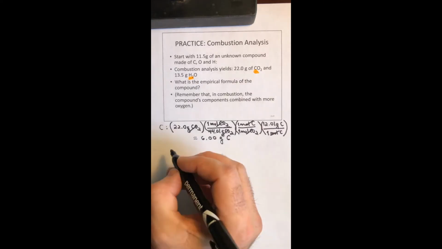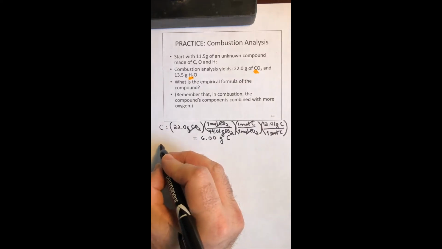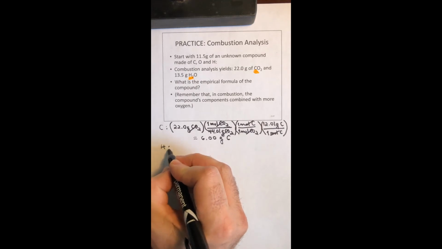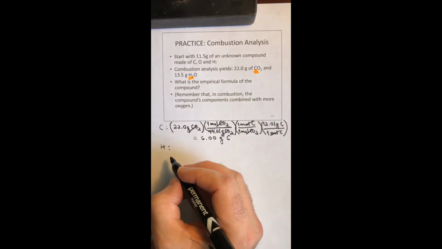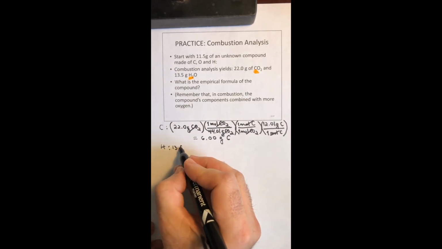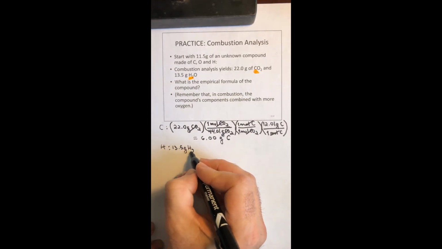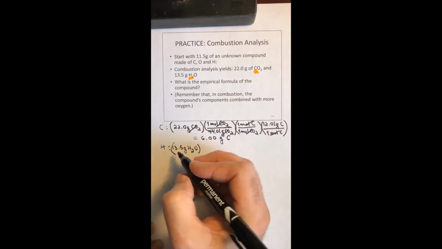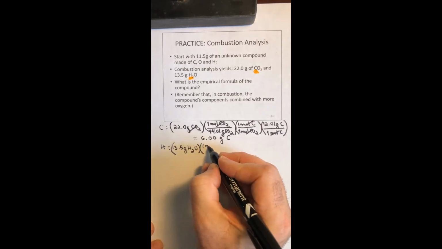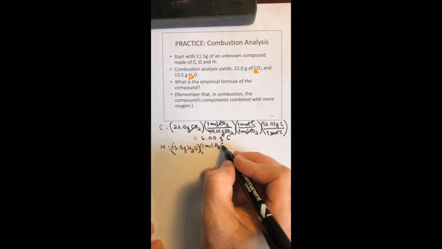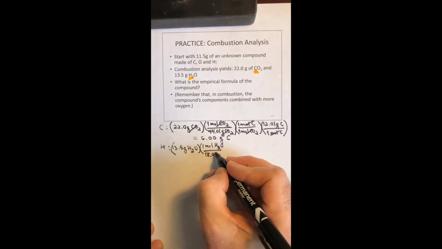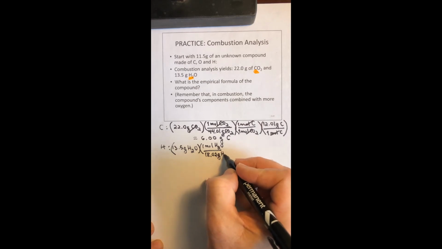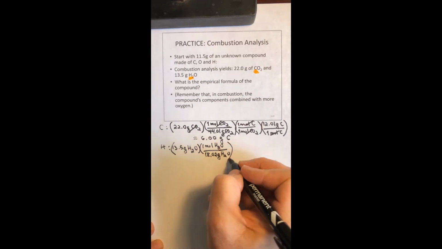Okay, let's look at hydrogen now. You guys probably know how to do this, but I will just write it out for you. We have 13.5 grams of water and 1 mole of water. We can calculate that to be 18.02 grams of water.